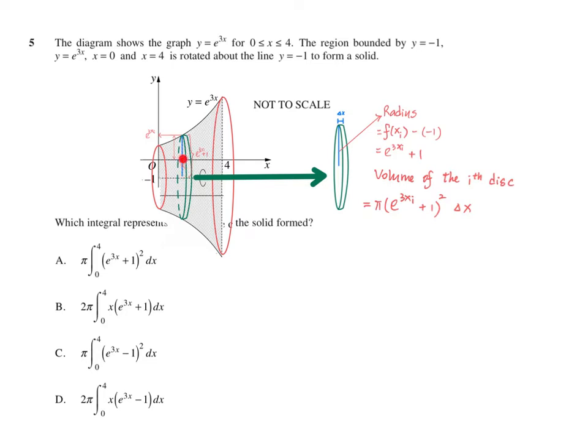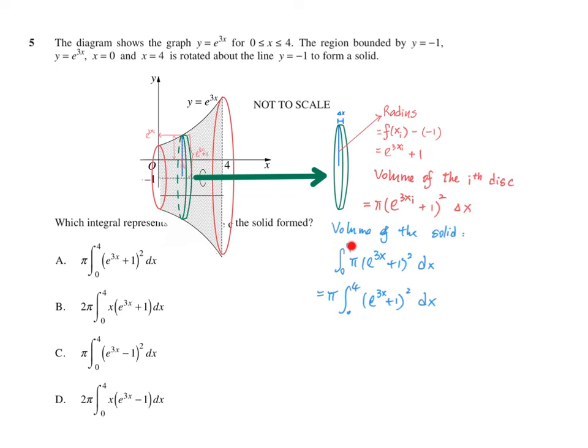And if at this particular point the x value is xi, then the function value should be e to the power 3xi. And the distance between the function value and minus 1 should be e to the power 3xi plus 1. Therefore, the volume of this particular disc should be pi times the radius squared times the thickness, delta x.